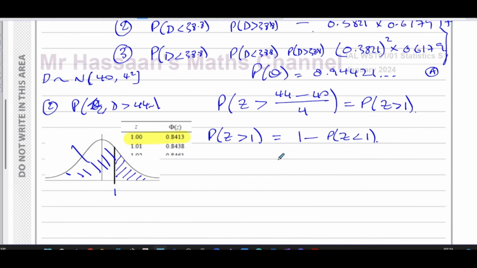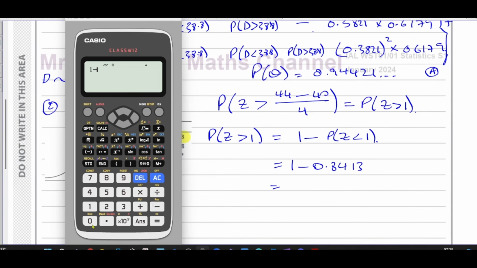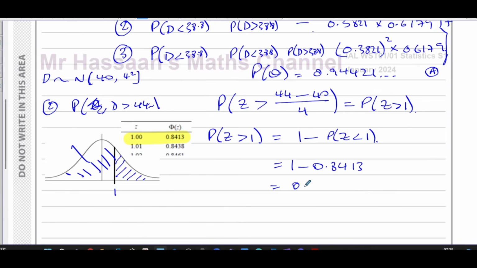So we can say that this is equal to 1 minus 0.8413, which gives us 0.1587. So that's the probability that they get more than 44 meters.